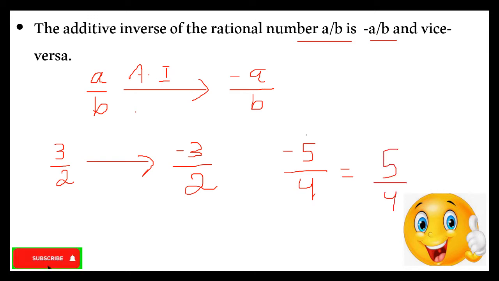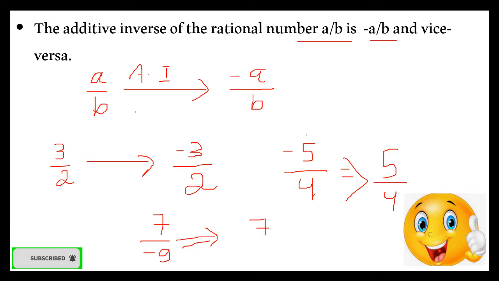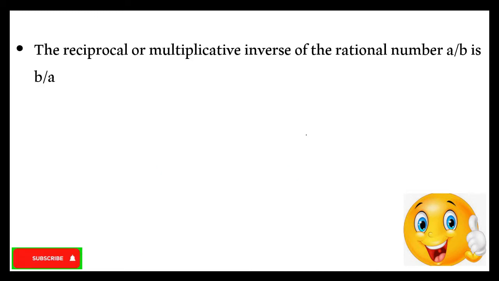If you have 7 upon minus 9, this is a negative rational number, additive inverse will be 7 upon 9. That will be a positive rational number. So this is what we understand from the additive inverse of the rational number. We simply change the sign, positive to negative and negative to positive.